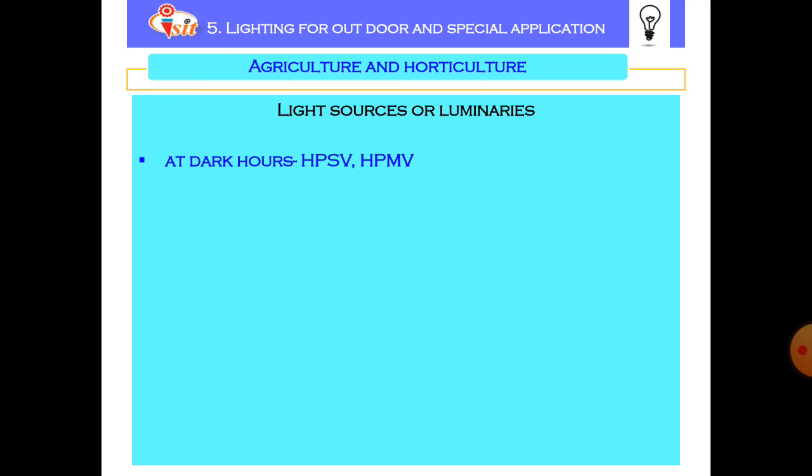Light sources or luminaries: in dark hours high pressure sodium vapor lamps or high pressure mercury vapor lamps are also suitable. To cover large areas, flood lighting mounted on elevated places is also used.